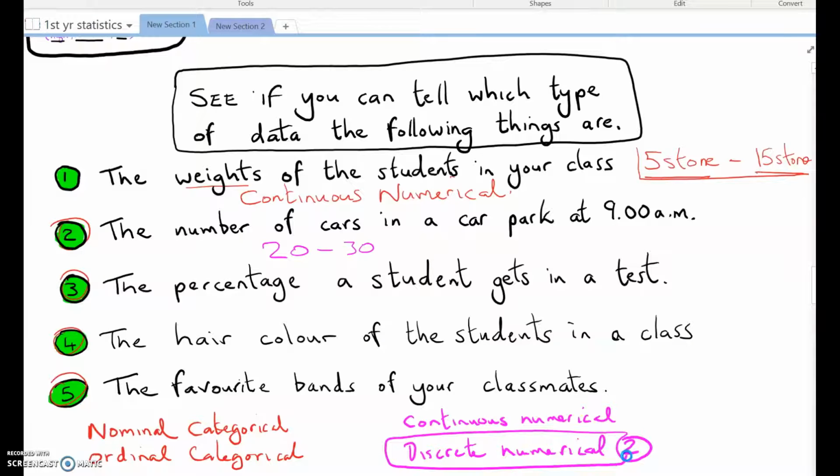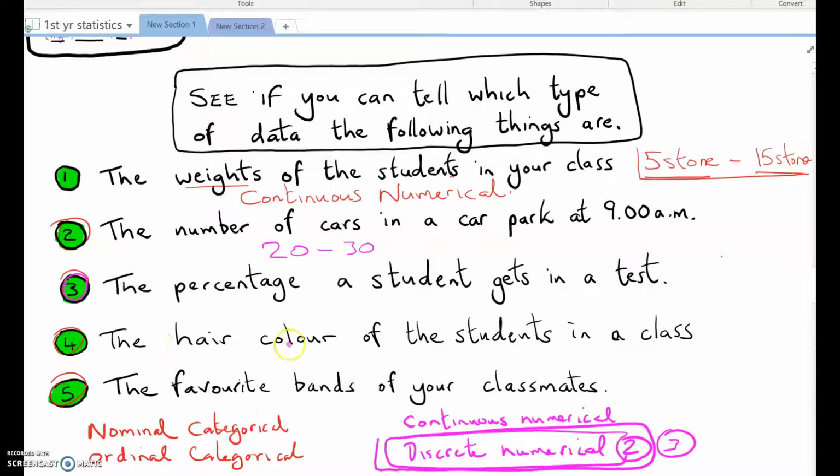Okay? Number 3, the percentage a student gets in a test. Well, they get an answer, don't they? When they get their test result back, they get a result. It could be 50%, it could be 60%, but there's a definite result. That means that number 3 is an example also of discrete numerical.